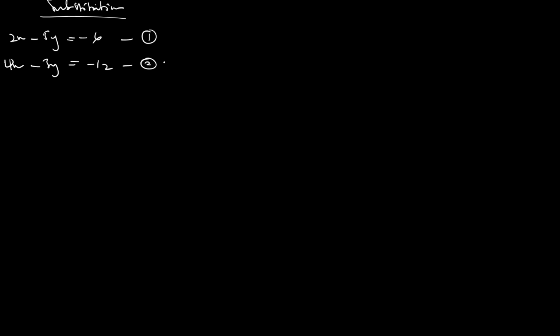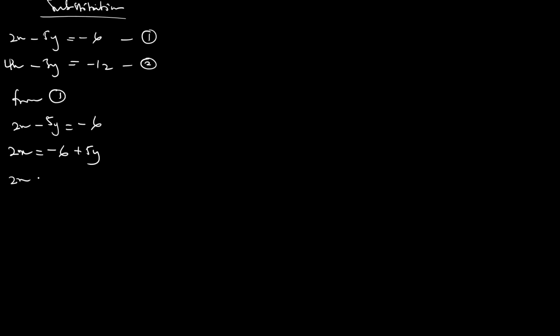So for example, from equation 1, right, we have 2x minus 5y equals to minus 6. So we need to move minus 5y to the other side. So we have 2x equals to minus 6 plus 5y. So negative moves to the other side of the equation, becomes positive. So now we can divide through by 2 in order to get the value of x.